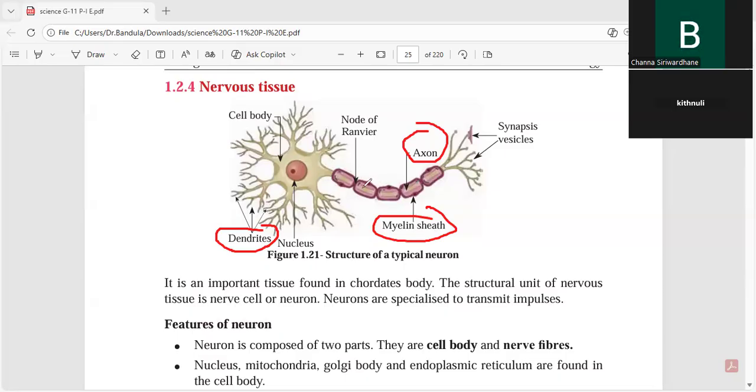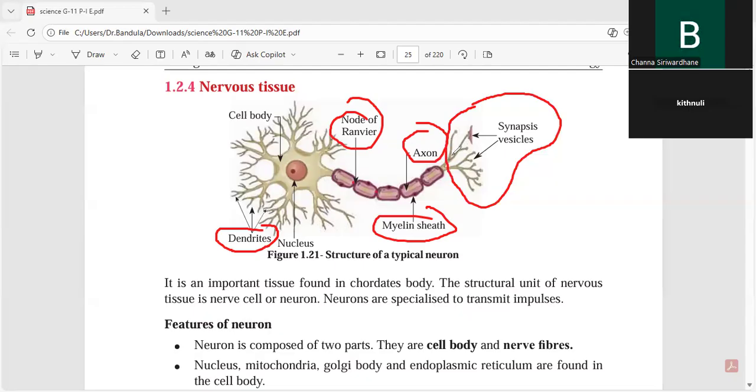Then, between these myelin sheaths, you will see the nodes of Ranvier. Myelin sheaths are like clips which are covering the axon, right? Now, these axons are longer. At the end of the axon, we can see branches.